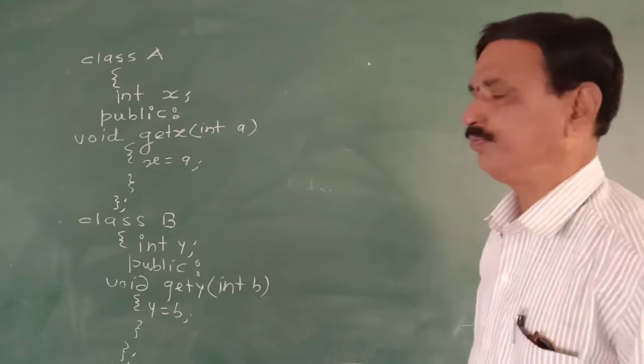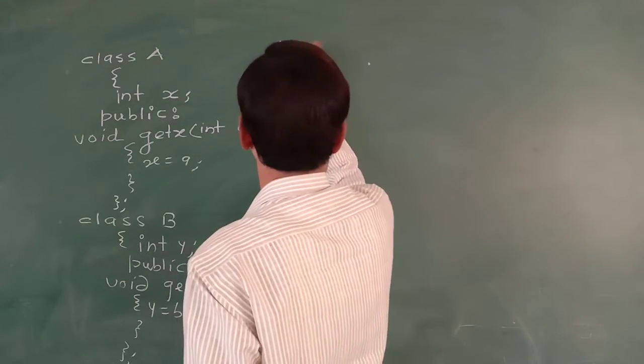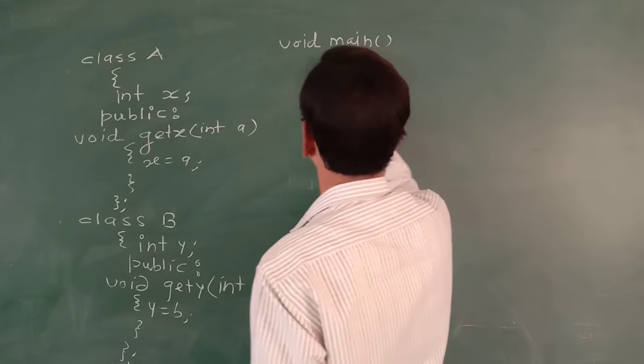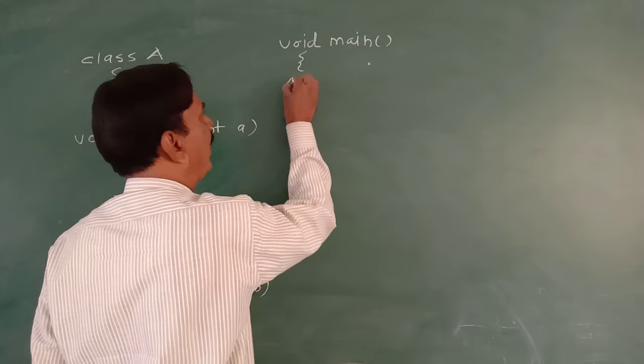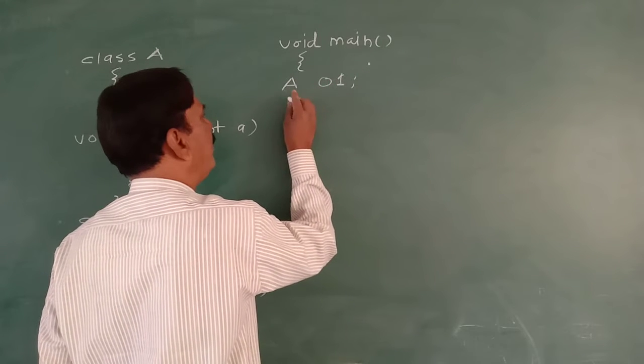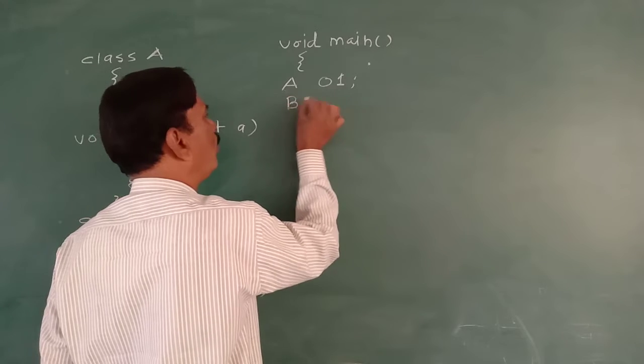Now suppose we create the object of both. The A object is O1, the B object is O2.